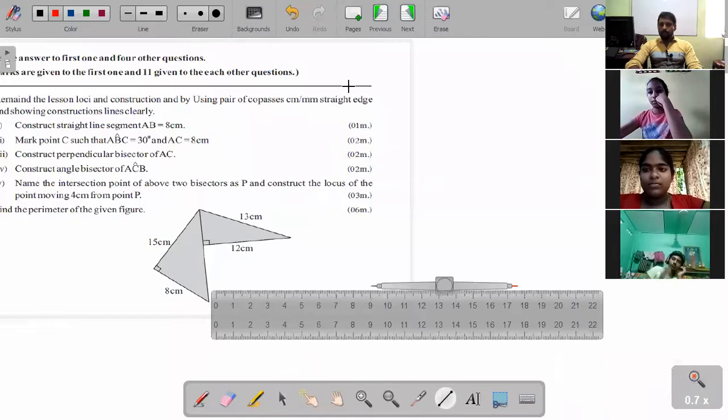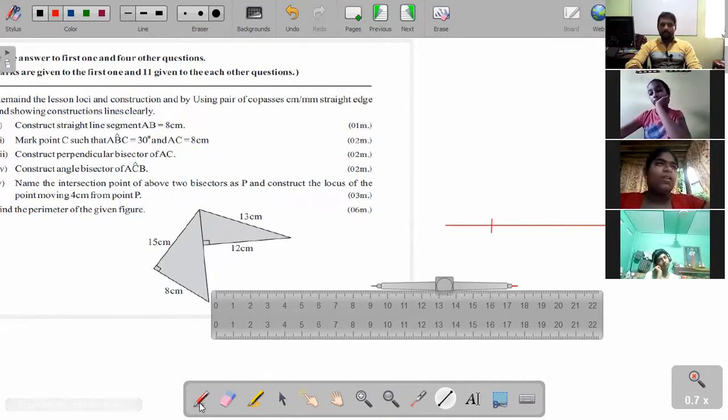First you draw a normal straight line like that. Then you mark one point here, and I will write it as A.